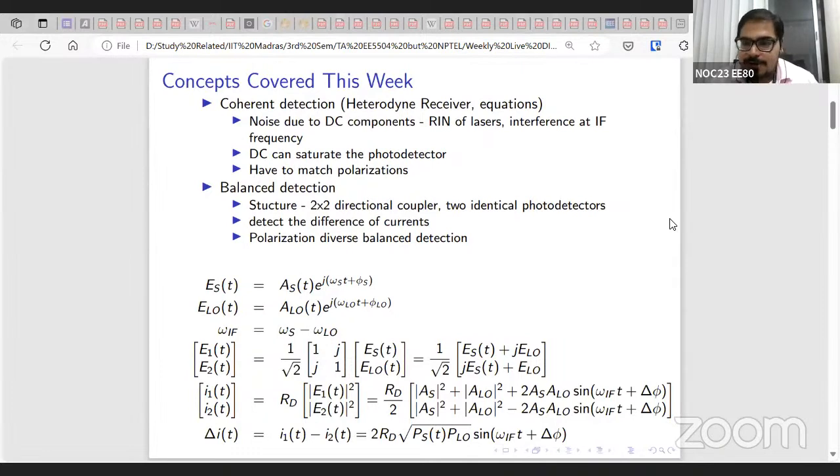So this was the first part basically. For each of the discussed topics, you have to keep in mind what is the architecture, like what are the components and how are they connected. And according to that, you have to be able to write how the electric fields are adding up, how that translates to changes in power, and power in turn can be detected using photodetectors.